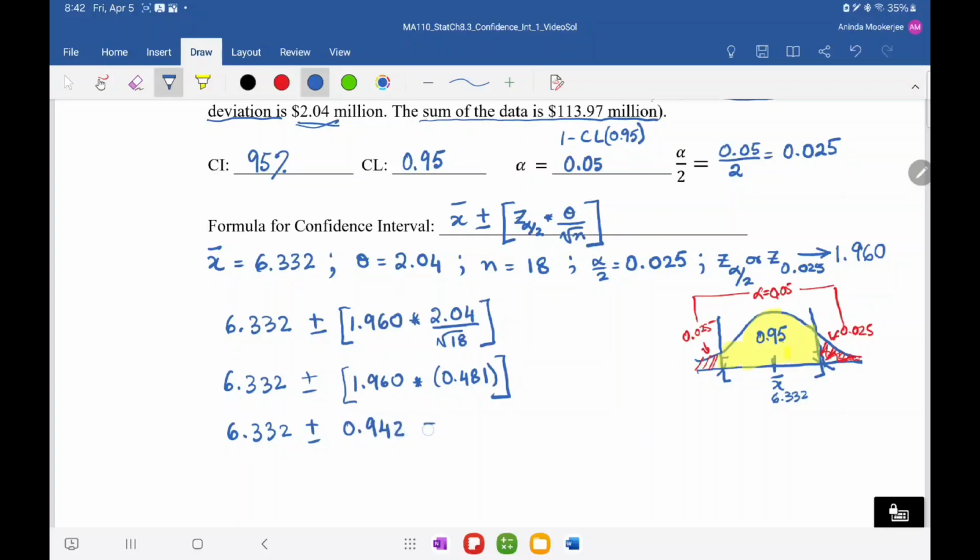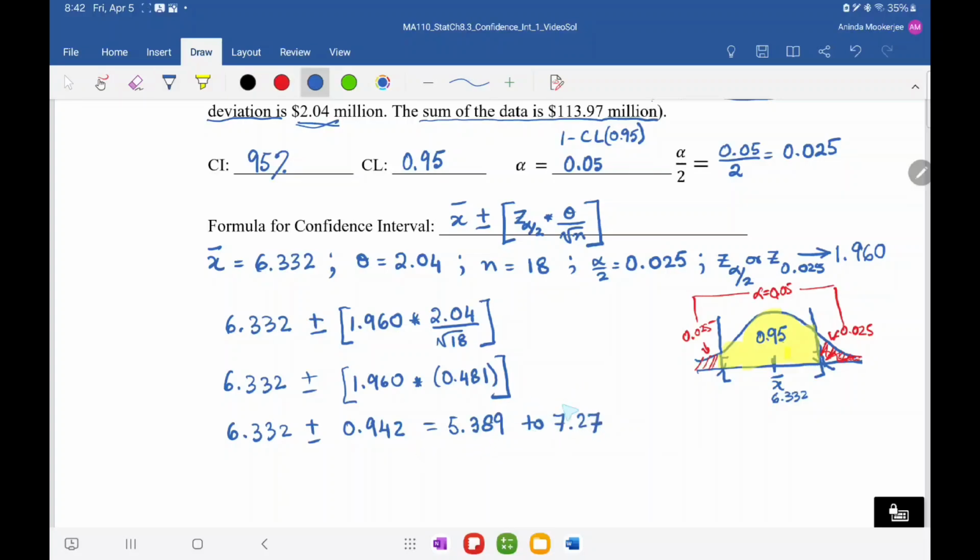And we have an interval of 6.332 minus 0.942 as the lower end, which will be 5.389. And the upper end, when you do 6.332 plus 0.942, is 7.27.